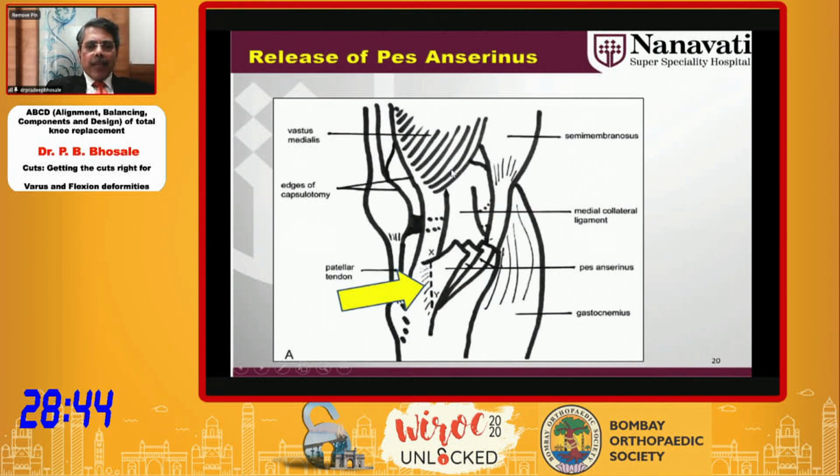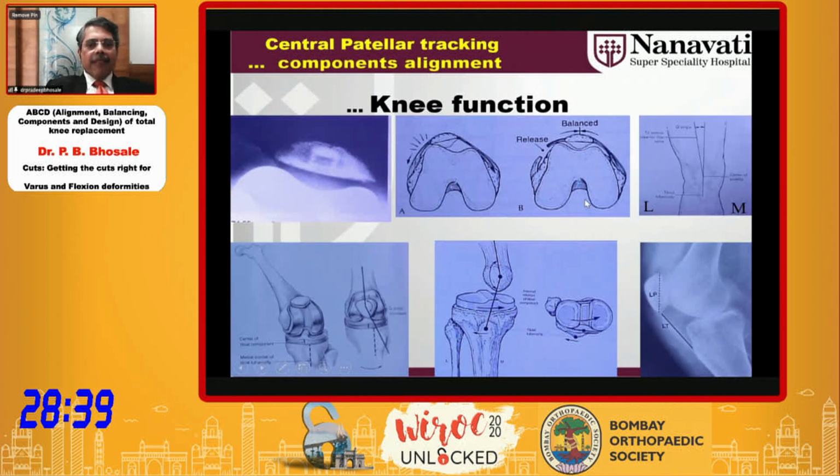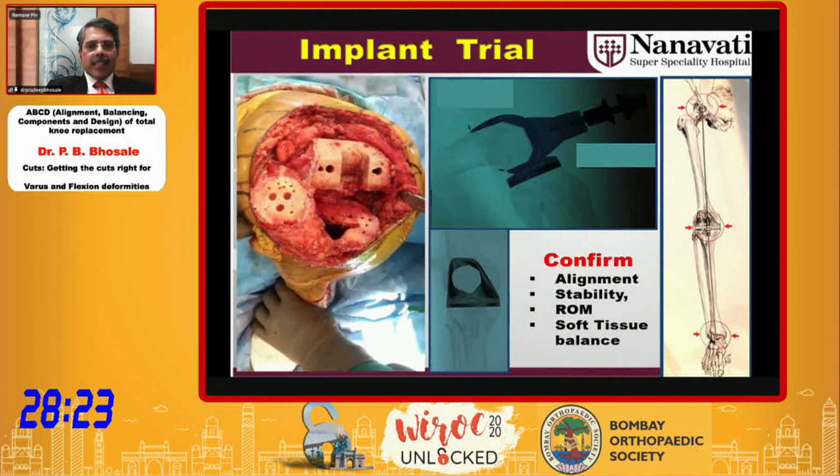And sometimes you need to release space and again resuture it. And when you do a trial, the patella tracking gives the best confirmation that your component alignment is very good at 90 degrees of flexion. No thumb test. Central patella tracking is a very good indicator on trial that your implant is good.